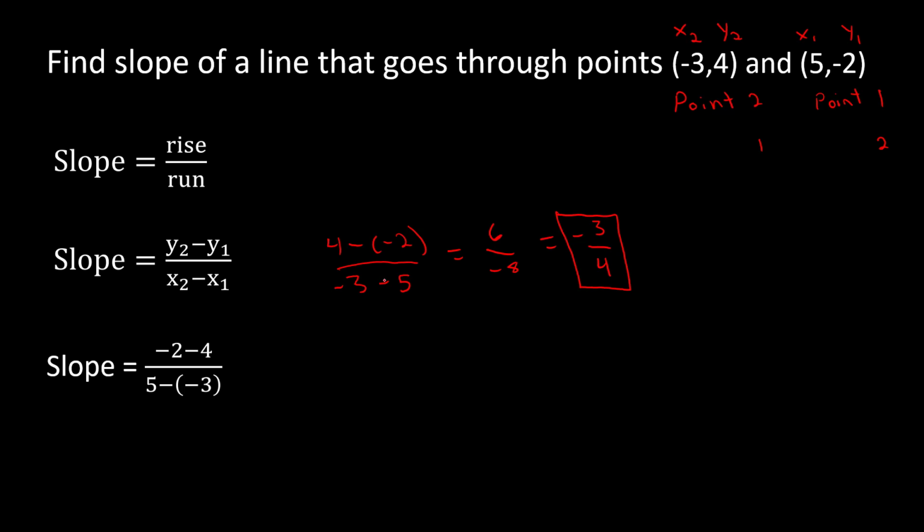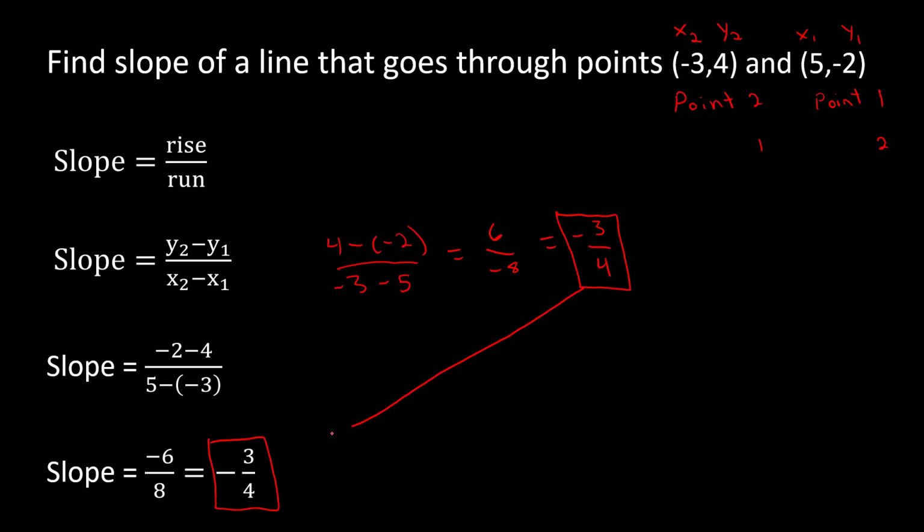And instead of doing negative 3 minus 5, if I switch it, it'd be 5 minus negative 3. When I do this, I'm going to have negative 6 for the numerator. 5 minus negative 3 is a positive 8, which would also reduce to be negative 3/4. Notice it does not matter the order in which I subtract, as long as these numbers, the 2, 2, 2, and the 1, 1, 1, all correspond.